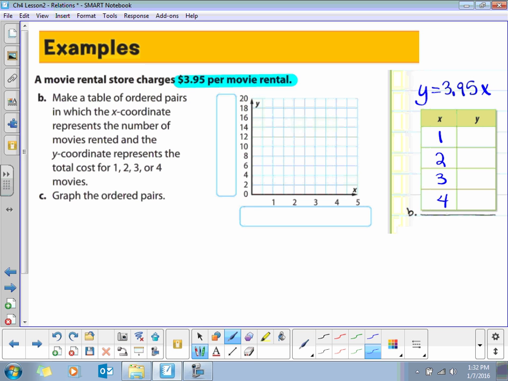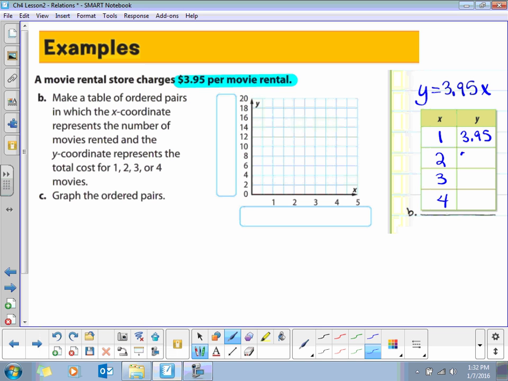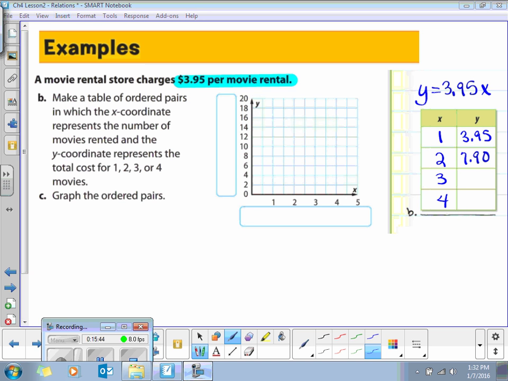X. So this is going to be $3.95 times 1, which is $3.95. Then you're going to take the $3.95 and multiply times 2. And you're going to get $7.90. So there's your completed table.